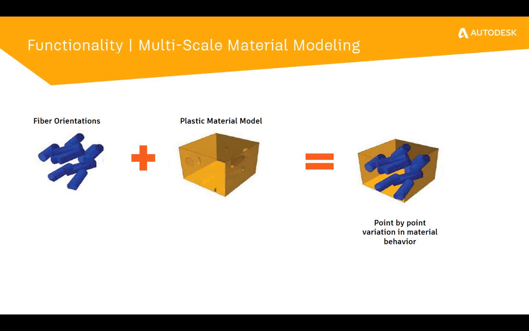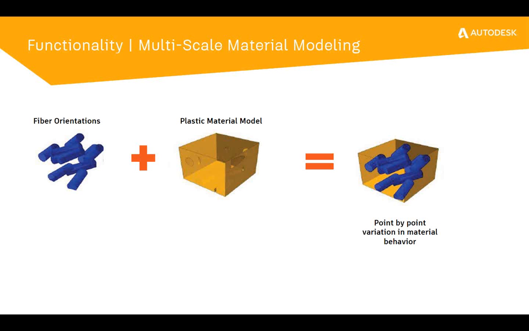So the fiber orientations change, and when we look at our part, we're going to have different stress states. We're going to have areas of our part that might have a stress in a particular direction, and we shift to a different place in our part, and we might have a different stress state. So this gives us the flexibility to account for point-by-point variation in our material behavior based on the fiber orientations and how our part is being loaded relative to those fiber orientations.